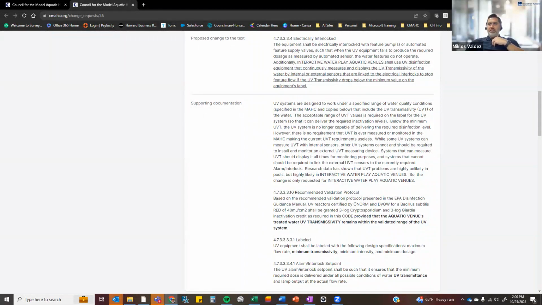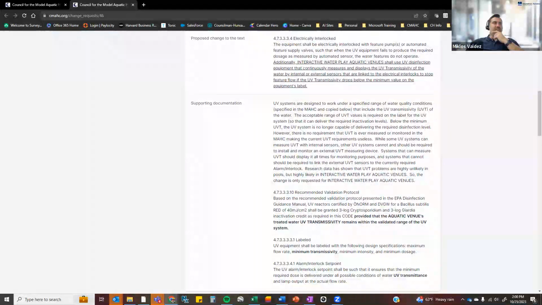Can we just simply say, when the UV equipment fails to produce the required dosage and UVT as measured by an automatic sensor? I mean, that's essentially the same thing as what they're saying. I think the issue is UVT.